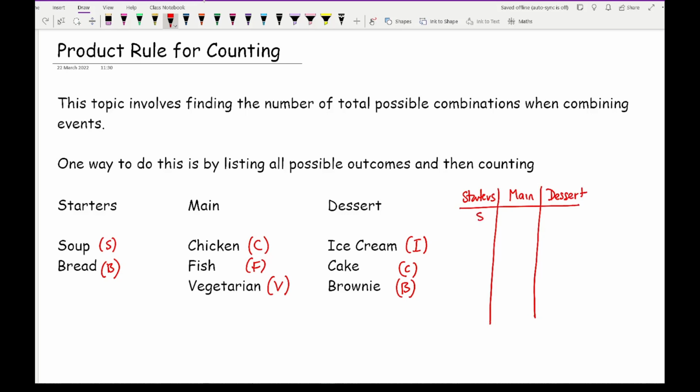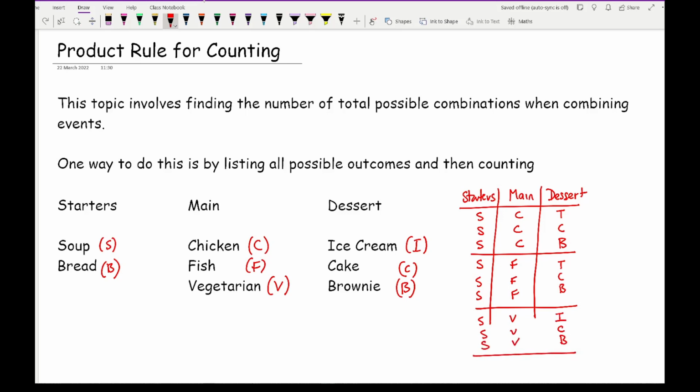So I've got S, and then C, I, then S, C, C, then S, C, B. So that's all the possible combinations of picking soup and chicken. Then I'm going to have soup and fish, and then soup and vegetarian.